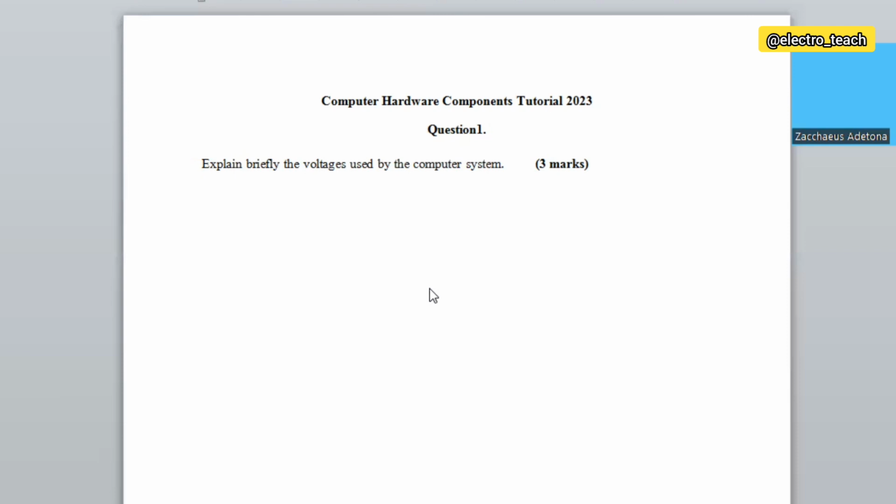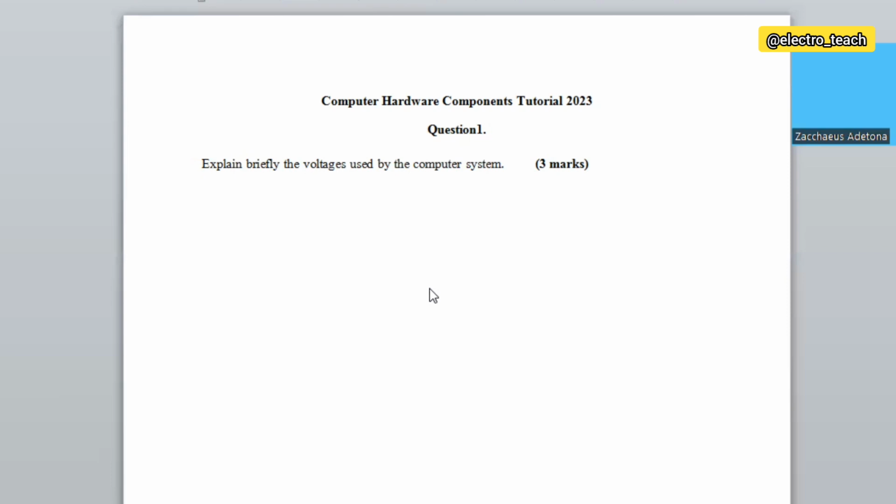The computer does not utilize the AC 220 volts directly from the socket outlet, but it's processed to a lower voltage and converted to a DC voltage before the computer utilizes it.